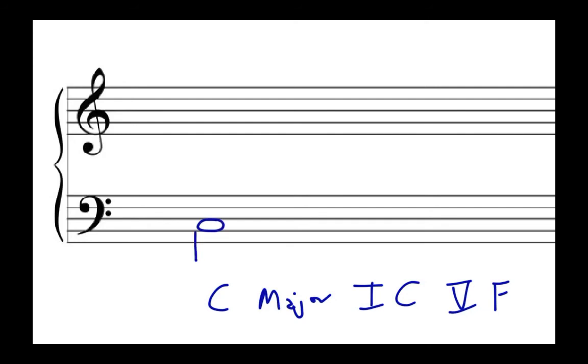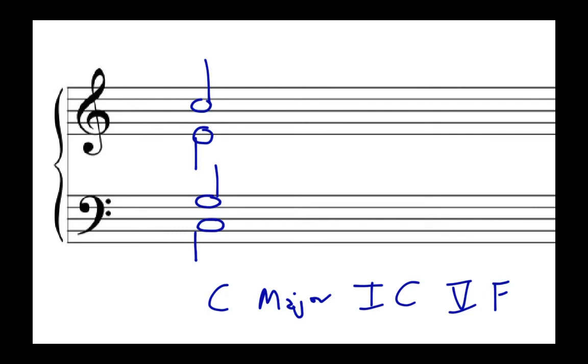Let's go for the C major triad, which could be the tonic in C major, or the dominant in F major. So if we're voicing a C major triad, and I put a C down here, and I put a G here, and I put an E here, and a C here, it turns out I do have the right doubling, right?